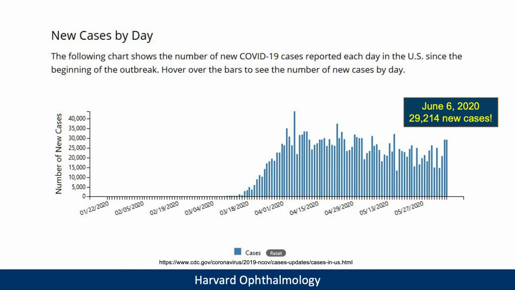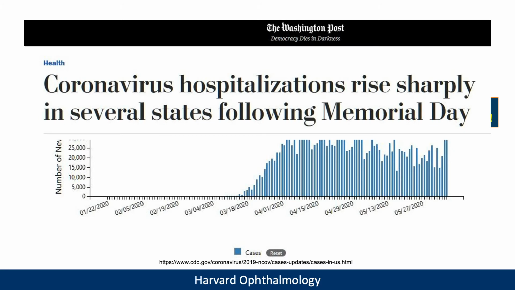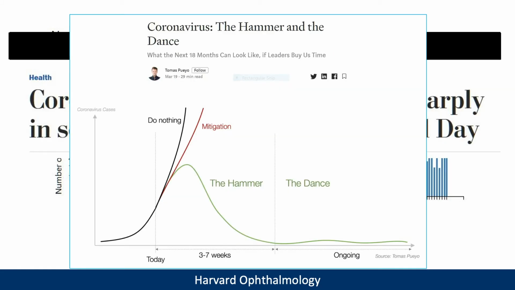On June 6th, there were almost 30,000 new cases reported in the US. And it's been suggested that these may have risen following celebrations like Memorial Day. And we're all waiting to see whether the recent protests will lead to increased cases. I would direct you to the work by Thomas Pueyo, which many of you are already familiar with. The shutdown in his thesis was the hammer.